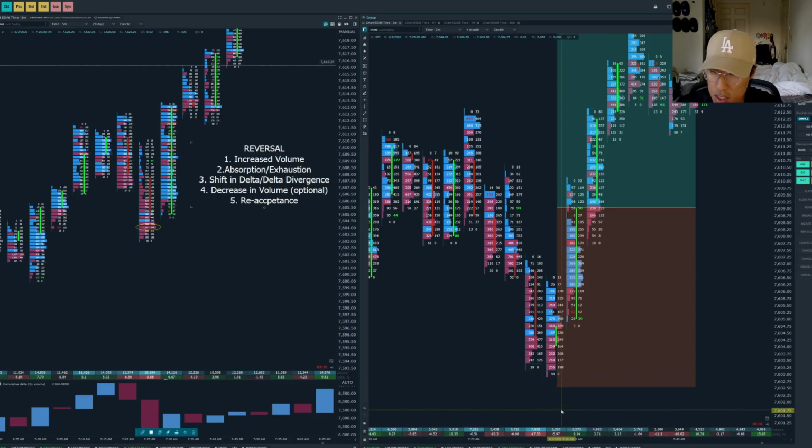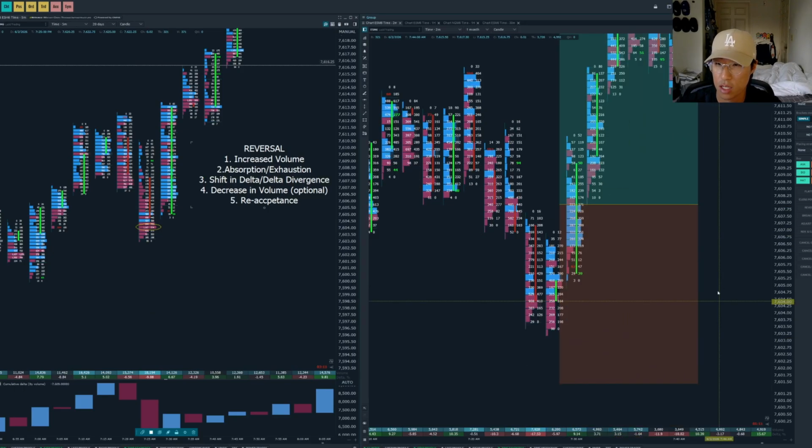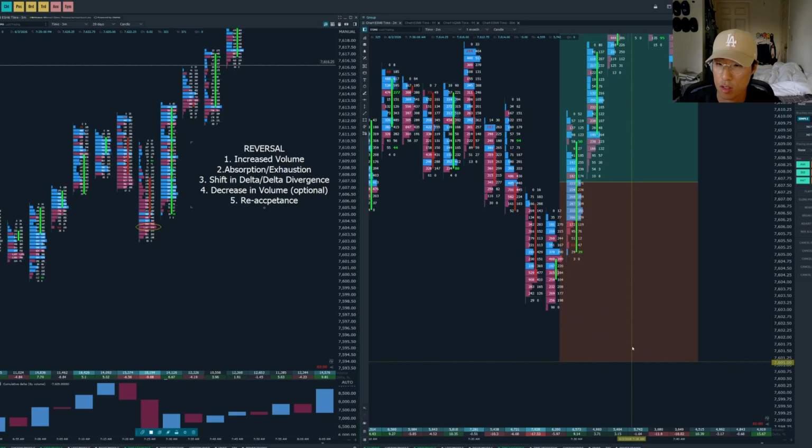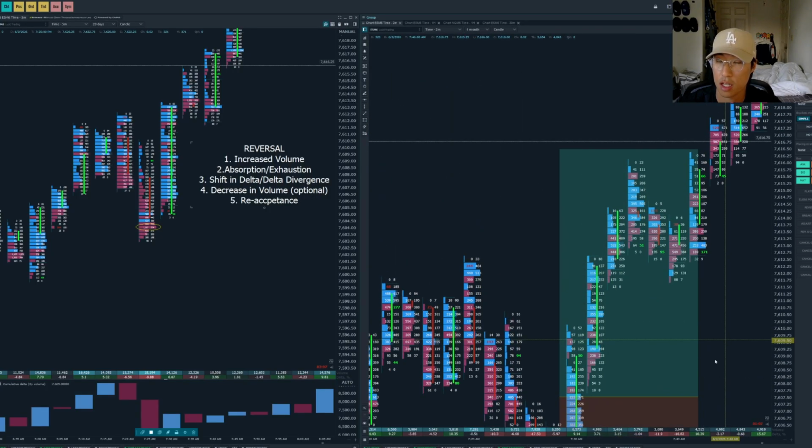Sellers were more aggressive, but we get the green candle showing that buyers absorbed these aggressive sellers. The circle you see here, sellers try to push lower, but we see the aggressive sell volume get absorbed here as well. So I did want my entry to be around here, the 07s, but price kind of took off and we were not able to get it.